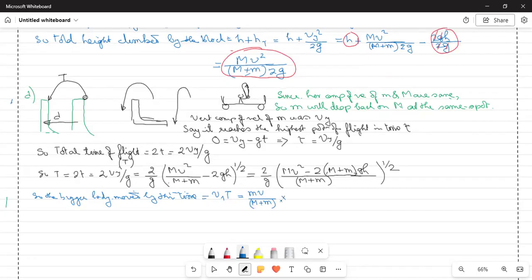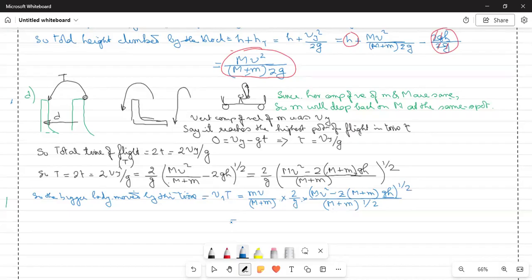That multiplied by capital T, which is 2 by g, that multiplied by capital M v square minus 2 into capital M plus small m gh, divided by capital M plus small m, whole to the power half.